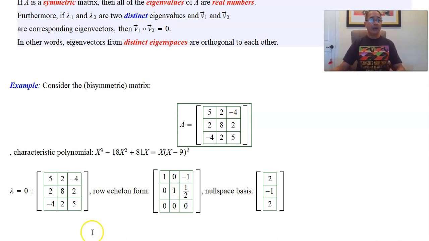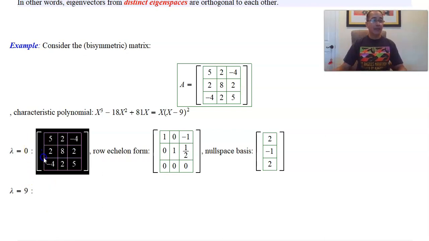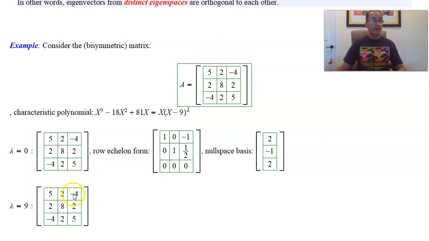Now, how about the other eigenspace? So that would be lambda equals 9. So you remember what to do. You take the matrix, and from the diagonal, we subtract 9. Is it all coming back to you now?